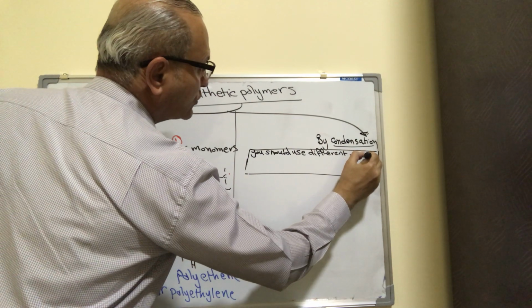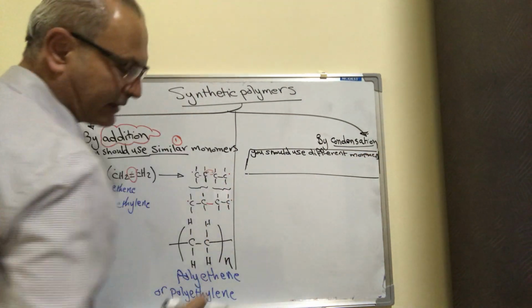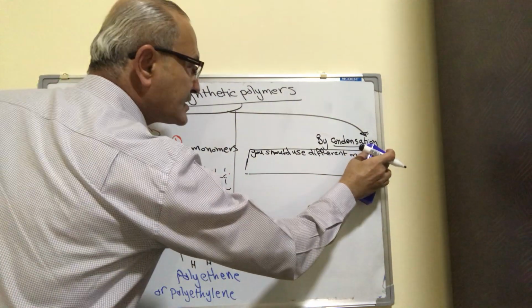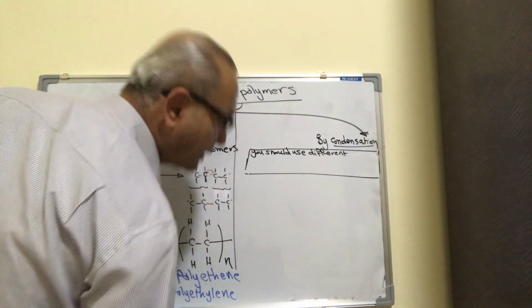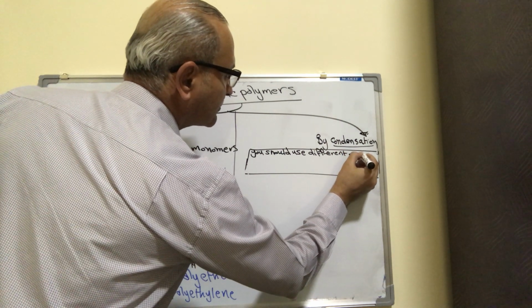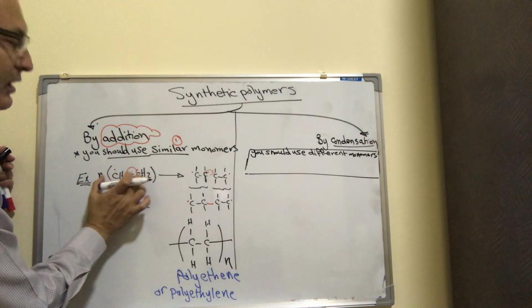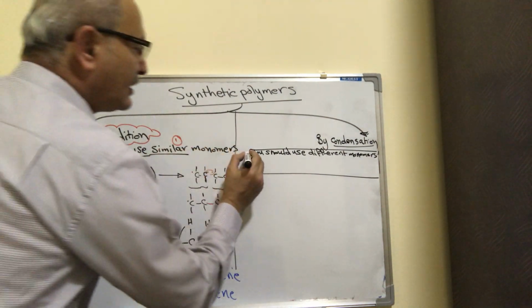So the monomers used here are different from each other. They are not the same, like this case, where they were all the same type.